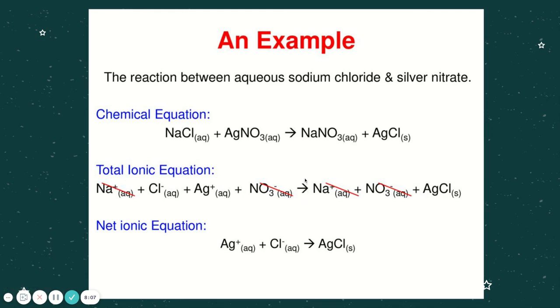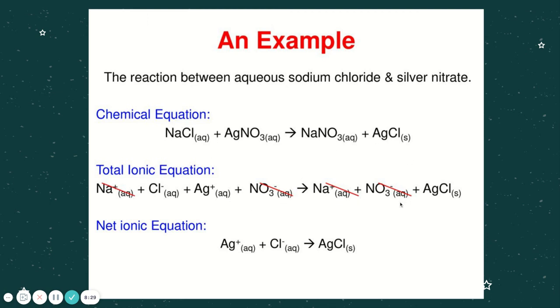And then what we did is we kind of thought of this arrow as an equal sign. And if the ions showed up on both sides, they got crossed out. We call those spectator ions. Those are the ions that are there to facilitate the reaction, right? Sodium had to be there because chlorine had to be bound to something before we put it in the water. And nitrate had to be there because the silver had to be bound to something before we put it in the water.